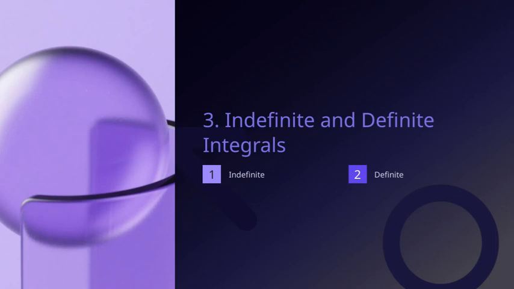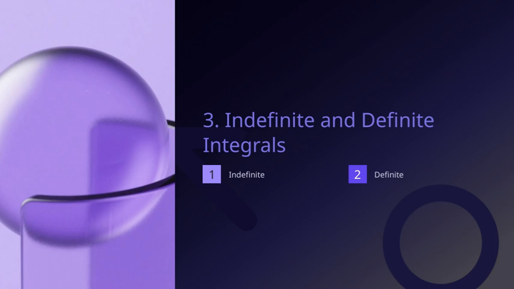Let's take a closer look at indefinite and definite integrals. These are fundamental concepts in calculus that help us understand areas, accumulated quantities, and more. When we talk about indefinite integrals, we're essentially finding a family of functions whose derivative gives us the original function. It's like reversing differentiation.